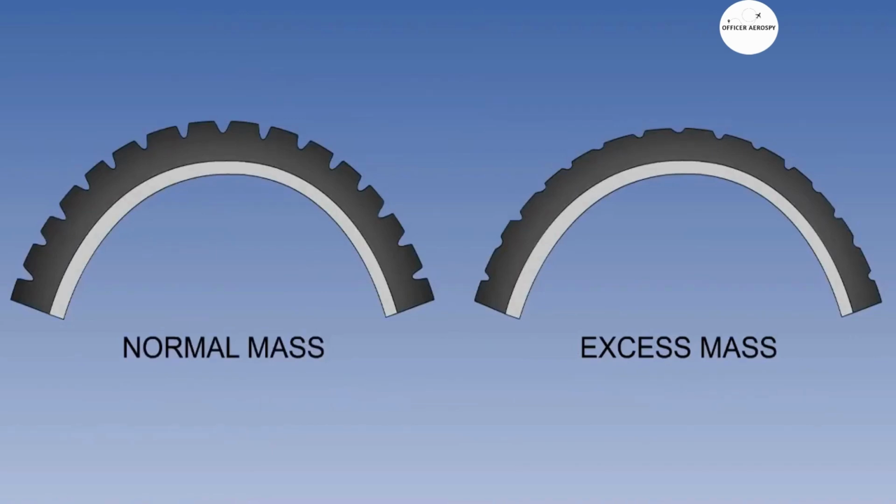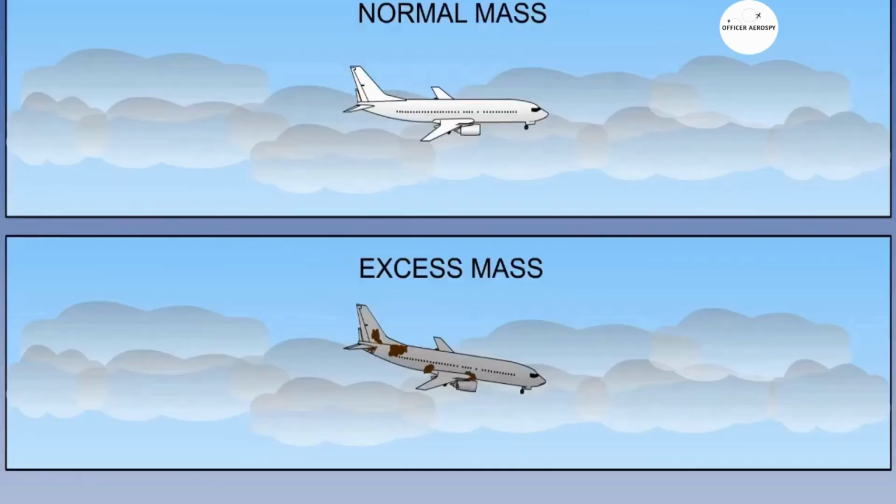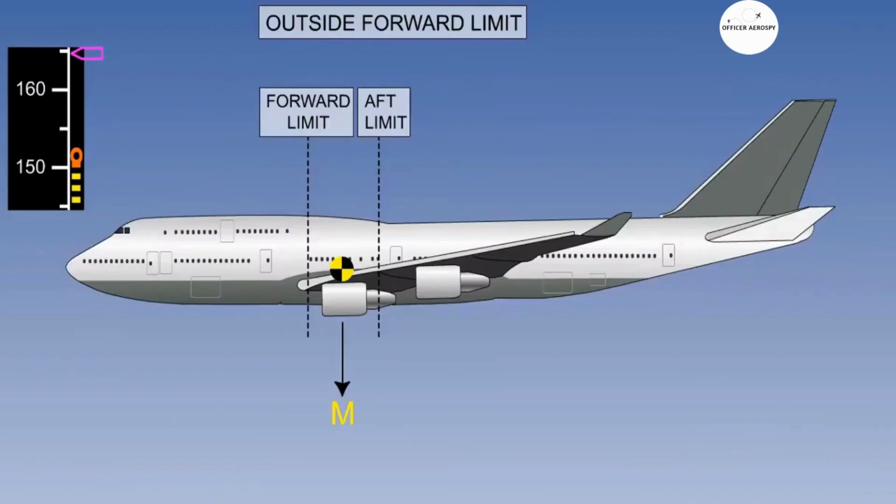The tires and brakes have their life shortened when mass limits are exceeded, and this will unduly stress the airframe, which will shorten the fatigue life of an aeroplane, and previously we learned about the center of gravity. So the normal mass looks like this, and the excess mass will be showcased here.